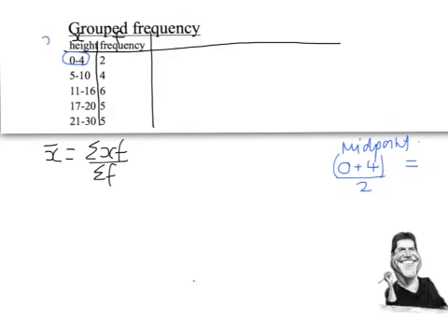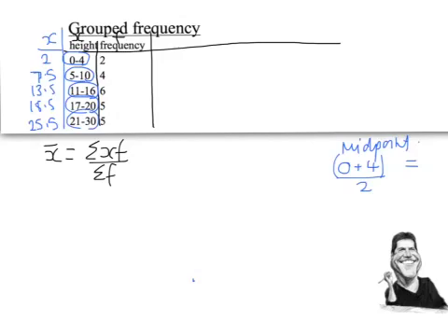So in actual fact, I need another little column here for my x's. Nothing add 4 divided by 2 is 2. 5 add 10, press equals and then halve it is 7.5. 11 add 16, press equals, then halve it is 13.5. 17 add 20, press equals, then halve it is 18.5. And 21 plus 30, press equals and halve it is 25.5.